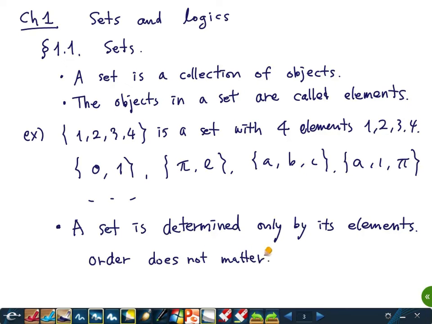And multiplicities do not matter either. Multiplicity means the number of times that this occurs. For instance, let me show you an example. {1, 2, 3}. As I said, these are the same as {2, 3, 1}.